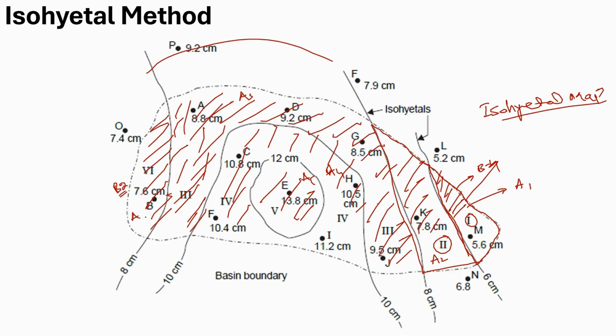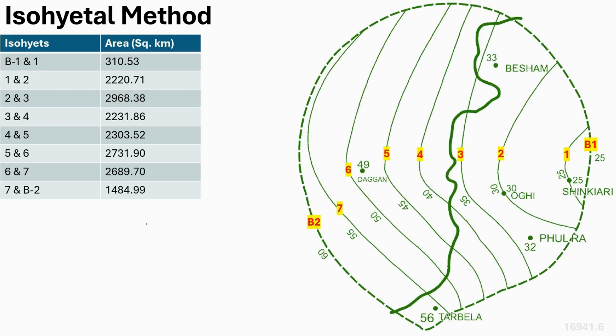This will be A6. So we have a total of 6 areas, and we will again move towards calculating the 6 precipitations. We will multiply the area with the precipitation and then divide by the total catchment area to get the average precipitation.